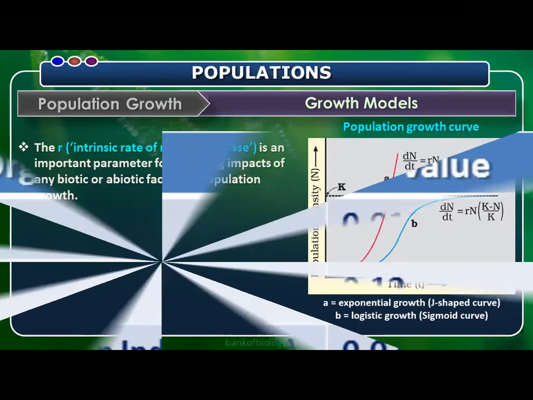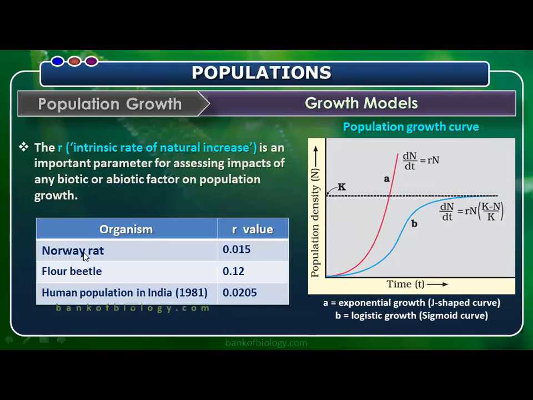in the population growth. For example, the Norway rat has an R value of 0.015, the flour beetle 0.12, and the human population in India 0.0205. It comes by R equal to, remember once again, R equal to B minus D. When we calculate the birth rate and death rate of a year, birth rate minus death rate, we get the R value.